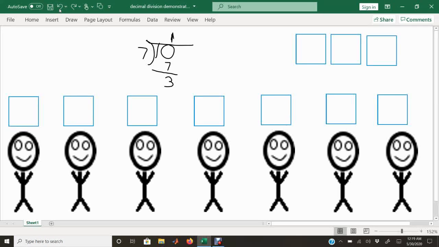What we say is then that we would have 3/7. So we could divide each of those squares into 7 pieces and give each person 3 of those pieces, or 3/7. That's an exact solution.